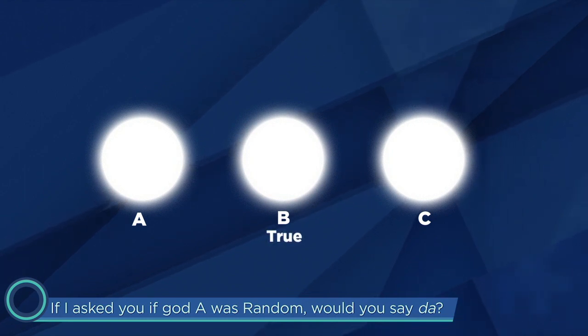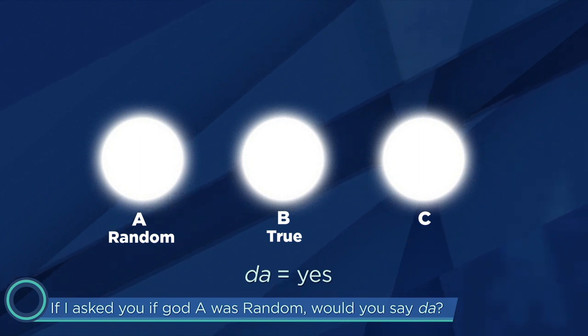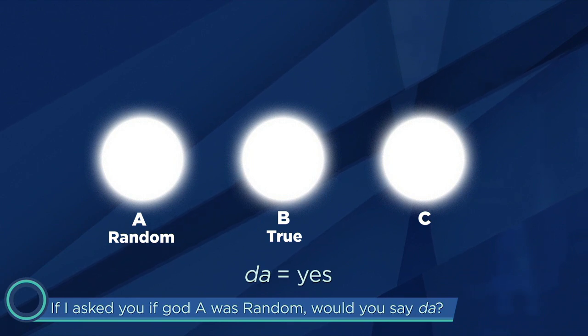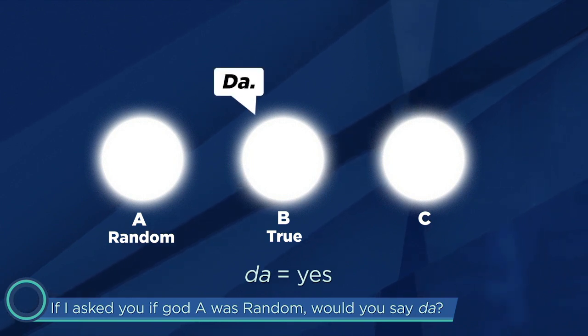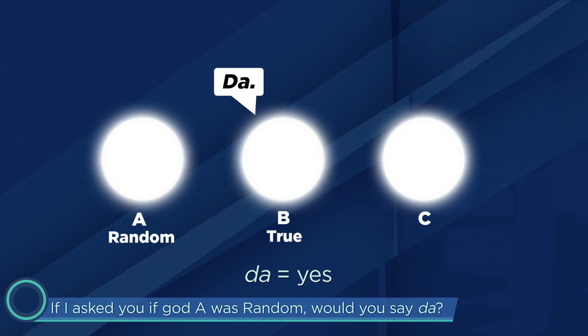Suppose B is true. Let's also suppose that A is random and that da means yes. With these assumptions, if true is asked if A is random, then he'll reply with yes. And since da means yes, true will indeed reply with da when asked whether A is random. So B's answer to the conditional question is da.